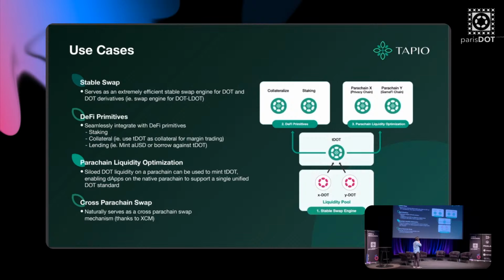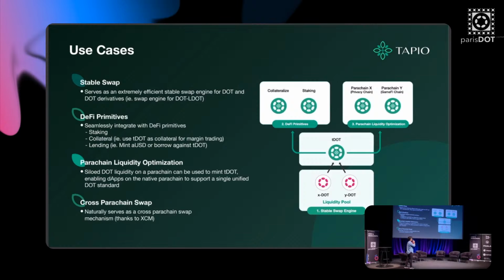The third use case is parachain liquidity optimization. It sort of goes back to the liquidity silos, right? The adoption challenge for parachains. Because if we think 3 years down the line, there's going to be category leaders in terms of staking DOT, and there's also going to be a long tail. So what's going to happen to the long tail? That's where we come in.